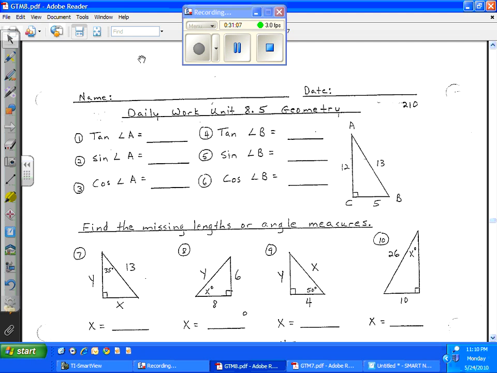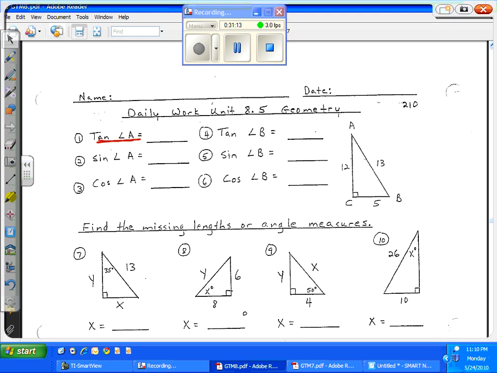The tangent of angle A. Remember angle A, it's a figure formed by two rays with a common endpoint. The 13 is the hypotenuse. 12 and 5 are legs.